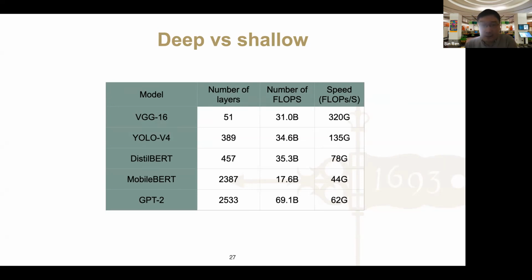If we take a look at these numbers, we can find that VGG16 has the least number of layers, and GPT-2 has the most. However, if you compare the inference speed, VGG16 has the best inference speed, and MobileBERT has the lowest.